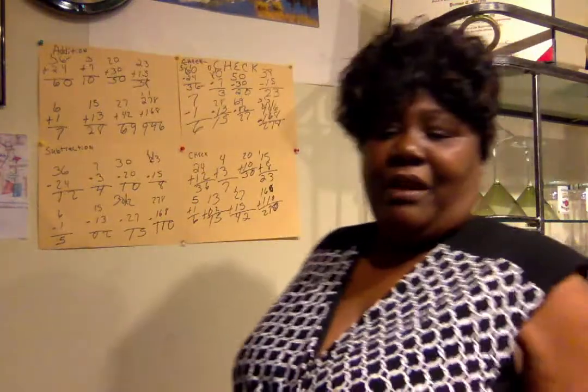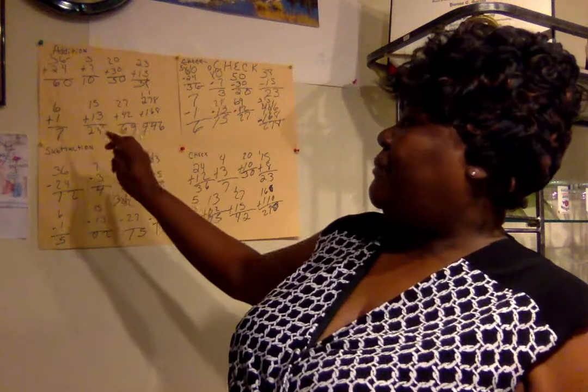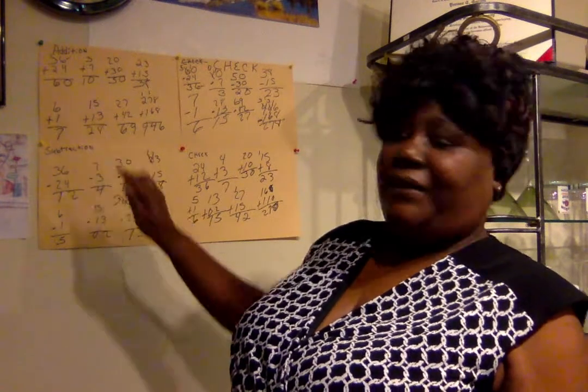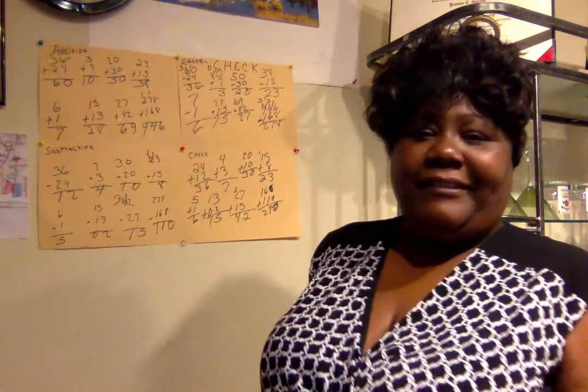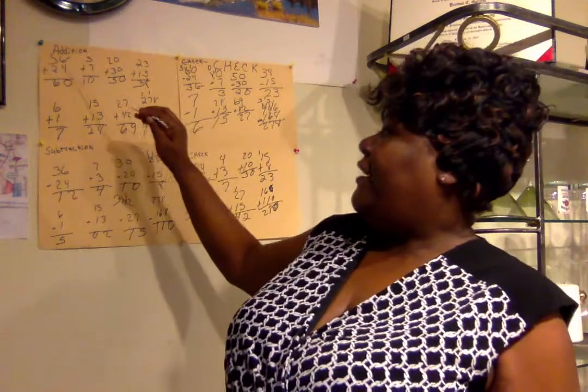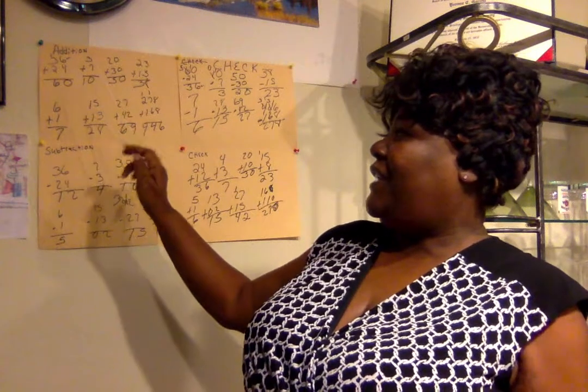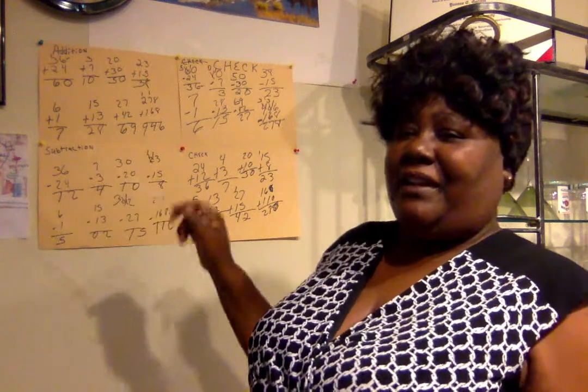Okay, I'm going to start off doing it. I already worked it, so I'm going to go ahead and go through the steps with you, okay? So the first problem is going to be 36 plus 24. And when you add, you want to add the last number first and then move yourself to the left to the first number in the problem.